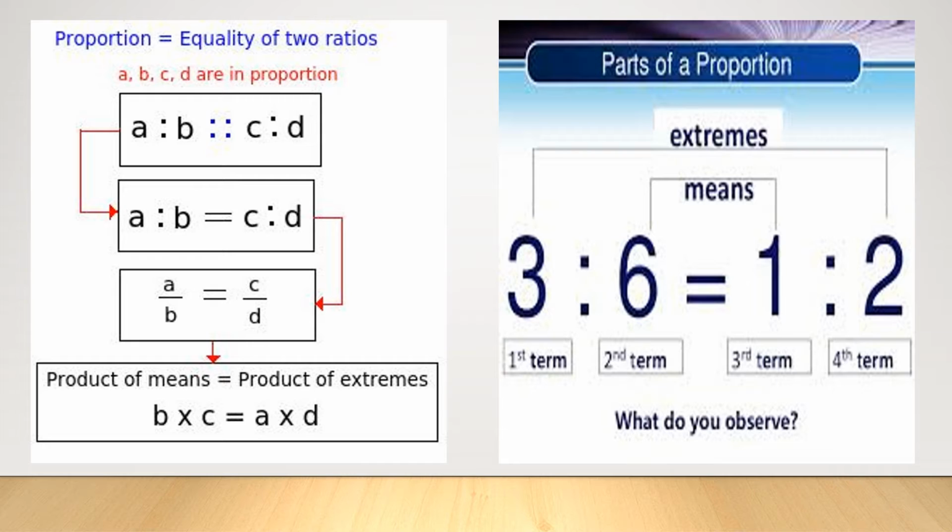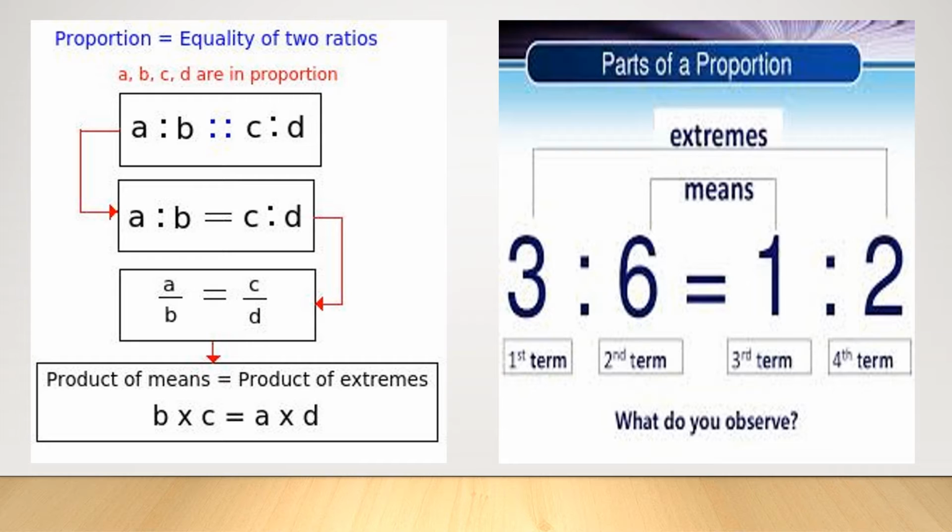The first and fourth terms are the extreme terms, and B and C, the middle terms, are called the means. A and D are extremes and B and C are means. If they are in proportion, this will always be true: the product of means will be equal to the product of extremes.